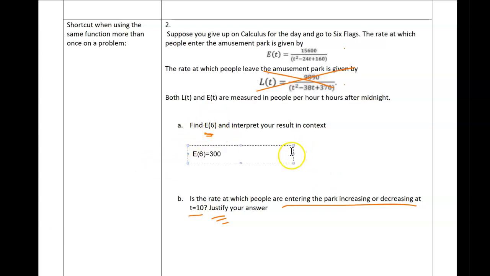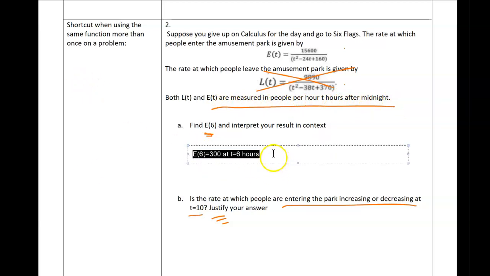So our interpretation is not going to be necessarily the same as we would say for a derivative, right? So we could say at t equals 6, so there's my time, t equals 6 hours, t hours after midnight. Okay, this here, people per hour, t hours after midnight. I don't have to change my unit here because I didn't take a derivative, right?